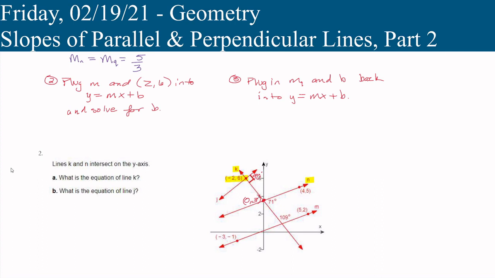You most certainly can fill things in, but for lines K and J, you only really need these 2 points, -2, 6, and 0, 3, and knowing that K and J are perpendicular to one another. Okay, so that is some information for number 2.